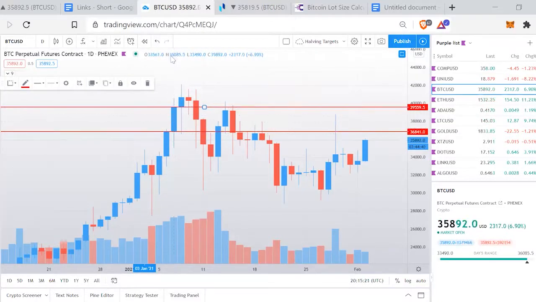So we can see that the open was at 36,872. My line is not perfect, but just right there. And then the close was 39,574. Now we see the high, 40,577. That's indicated by this wick. So this is how high the price got, and the low is indicated by this wick.